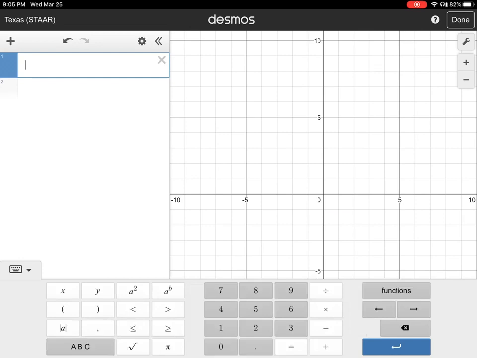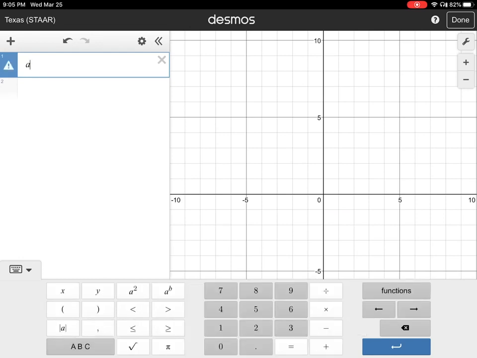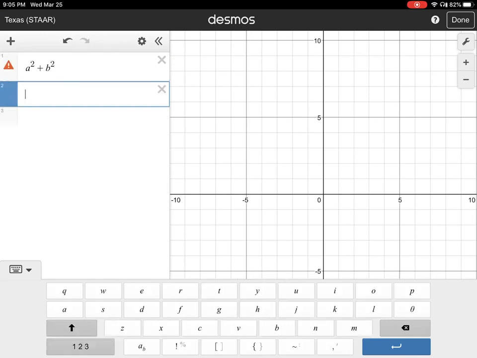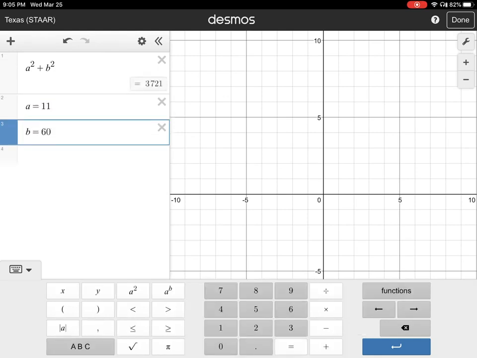I am going to do A squared plus B squared. I know that A is equal to 11, and B is equal to 60.